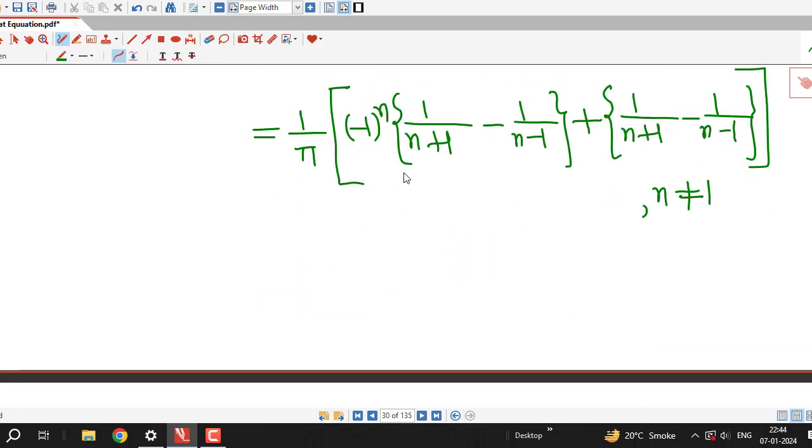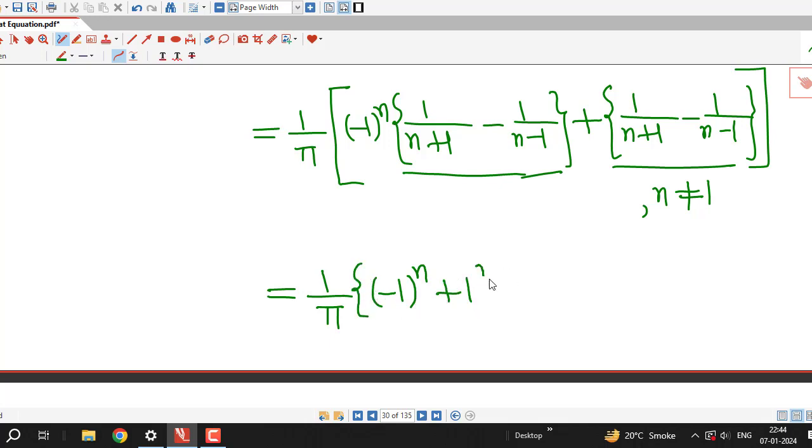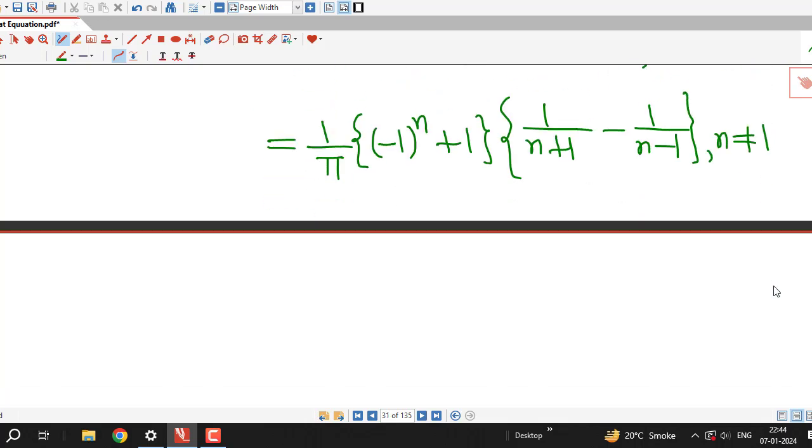And now we can see again this is common, and if we take this common we will have minus 1 raised to n plus 1. So that is now 1 over pi, minus 1 raised to n plus 1, into 1 divided by n plus 1 minus 1 divided by n minus 1, n is not equal to 1.